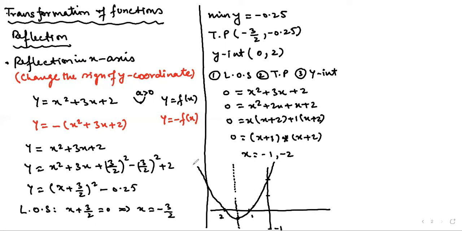Now we will draw the reflection of this graph in the x-axis. As you know, while reflecting in the x-axis, we change the sign of the y coordinates. We will change all the signs of y coordinates.